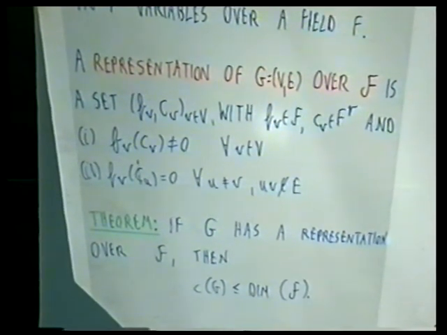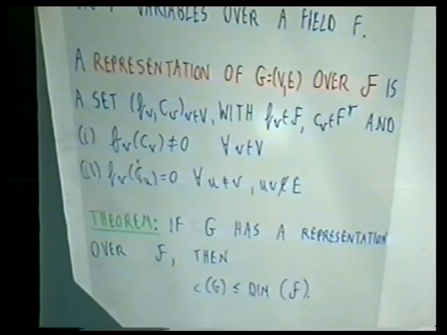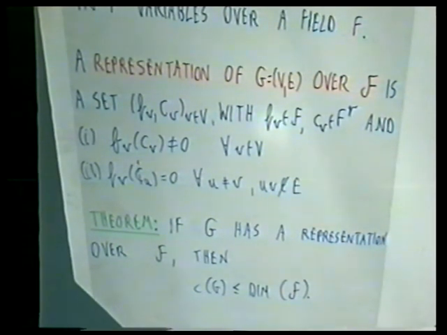The relations are that if you substitute c_v in f_v, the R-tuple assigned to a vertex in the polynomial assigned to the same vertex, you get non-zero. And if you substitute the R-tuple assigned to another vertex in the polynomial assigned to one vertex, and these two vertices happen to be non-adjacent, then what you get is 0. If they are adjacent, then you don't care.